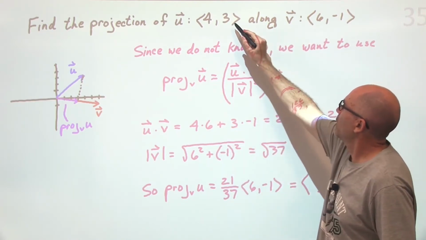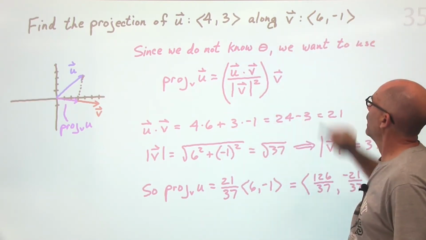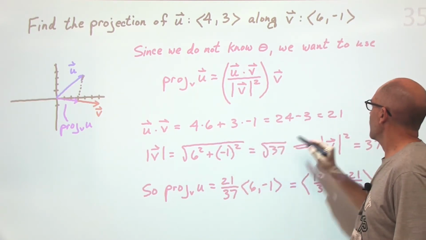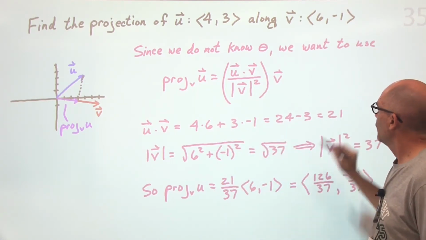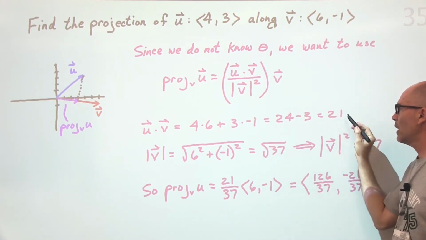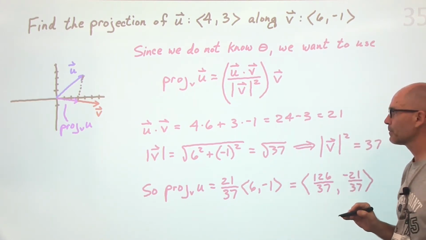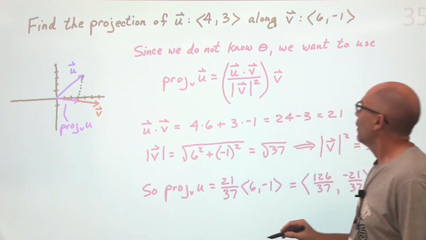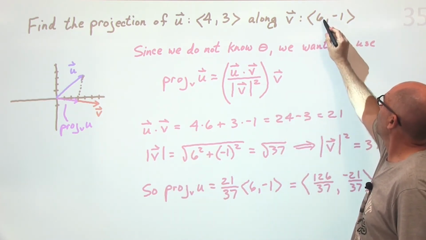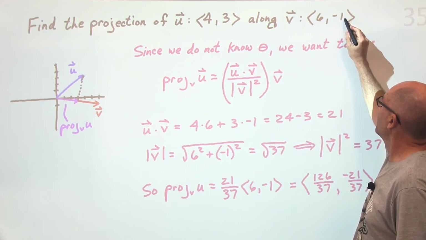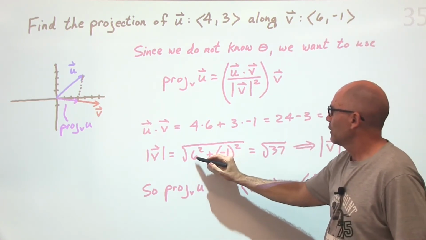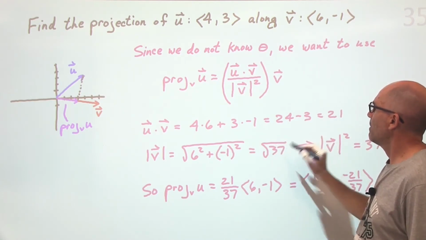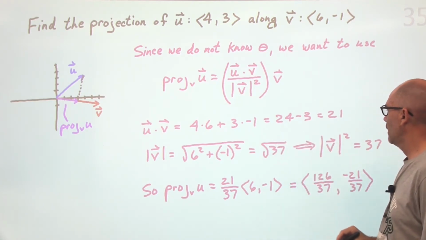Then multiply the y's, 3 times negative 1. So 24 plus negative 3 is 21. So u dot v is 21, a scalar quantity. Now the magnitude of v, well, I just take v and I square the x, square the y, add them up, take the square root. 36 plus 1 is 37, square root of 37 is the magnitude of vector v.